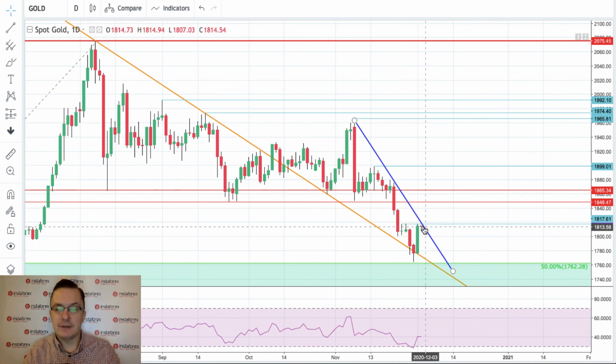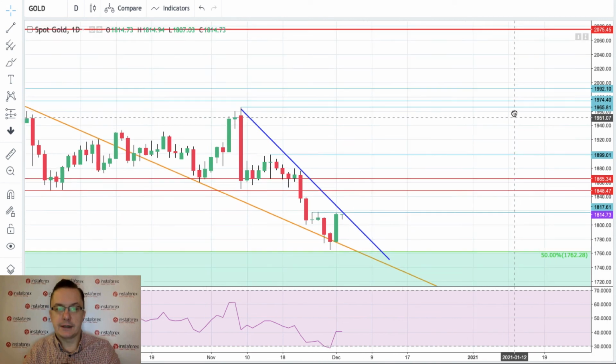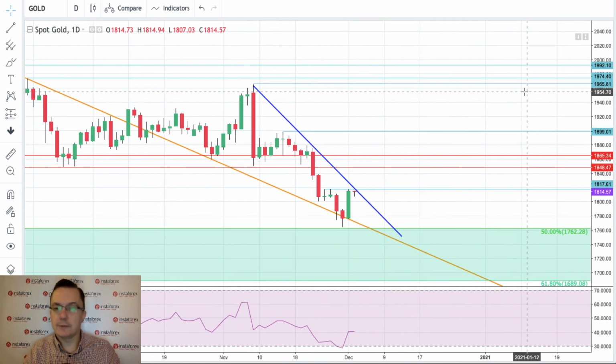So very interesting levels right now on this chart. Please pay attention how the market will react on this local technical resistance, short-term trend line, and of course whether the price will break higher or just reverse and then try to break again higher towards the supply zone. So that's my point of view on the gold for now.